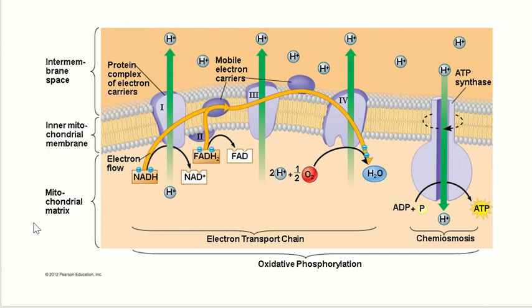So in this figure, you have the upper darker region, the intermembrane space, and the lower lighter region, the mitochondrial matrix, separated by the inner mitochondrial membrane. Embedded within it are the 4 protein complexes and the mobile carriers, simply membrane proteins.